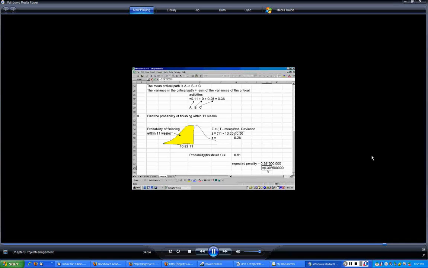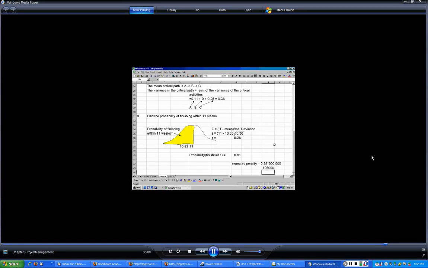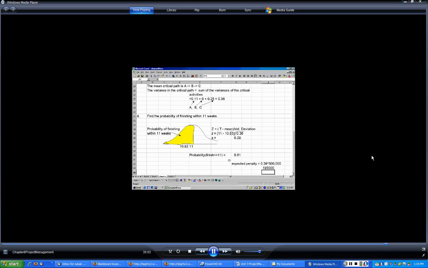That was 0.39 times 500,000, which is about $195,000. Now clearly, if Bill wants to win this contract, this is a pretty poor performance. So he has to improve the probability of finishing the project in 11 weeks.